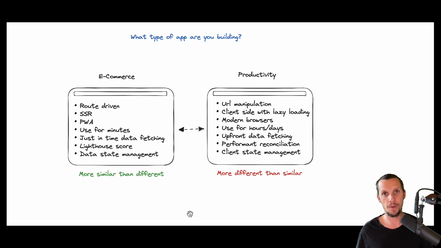They have more fundamental requirements that need to be dealt with. But it's really difficult to create a high abstraction that fits all of those applications. So you need a lower level tool to handle that. And that is what Impact is. It's a tool for the productivity end of the spectrum. So it's a lower level tool, and you get the freedom and the flexibility to make that productivity type of experience as good as possible for your users.